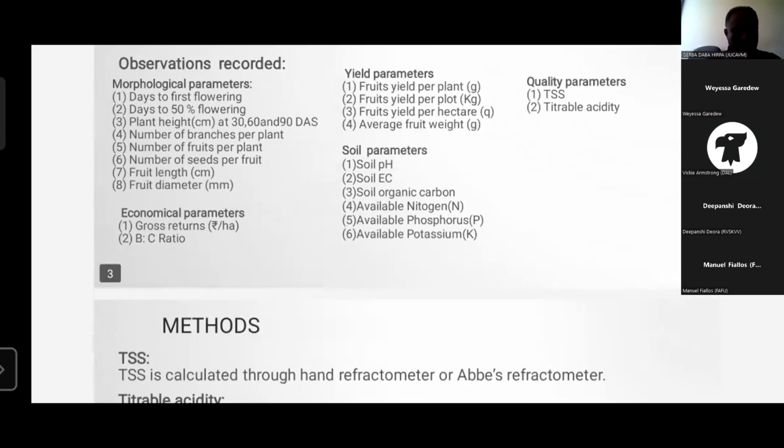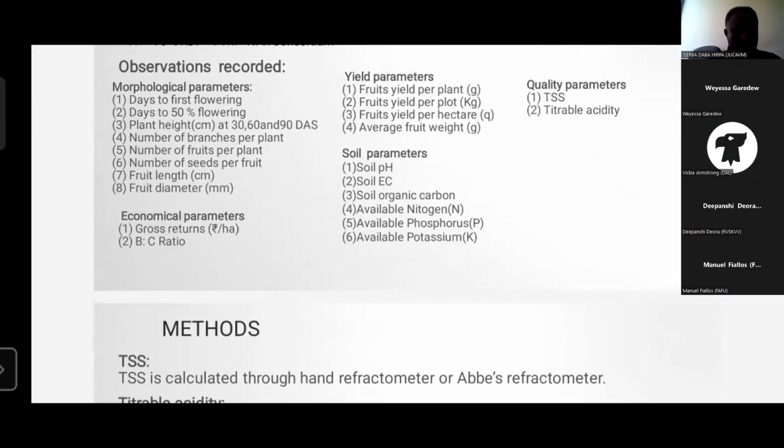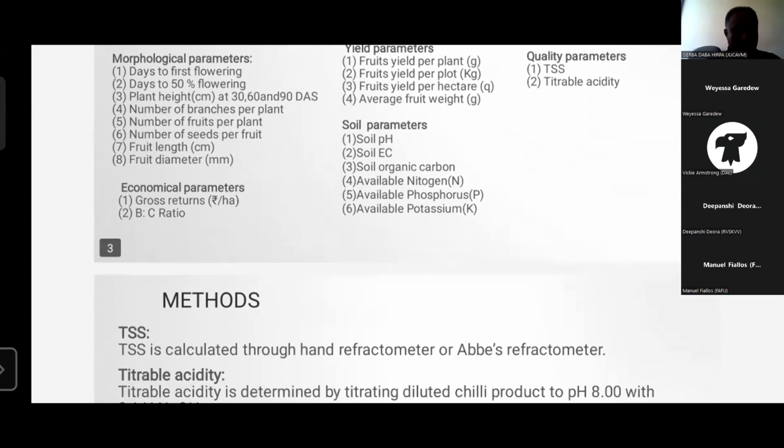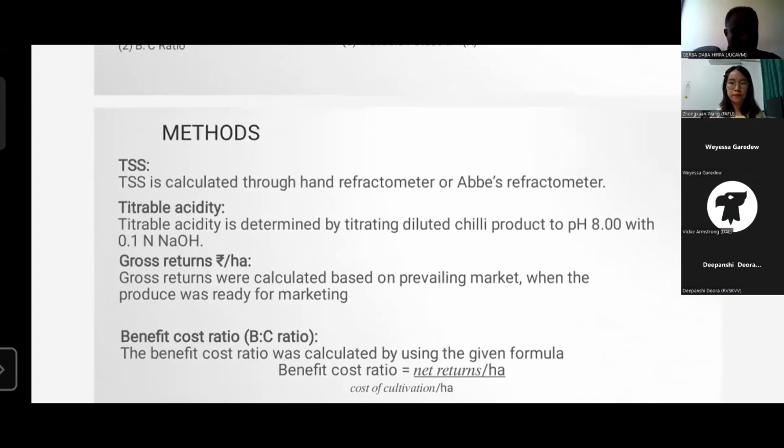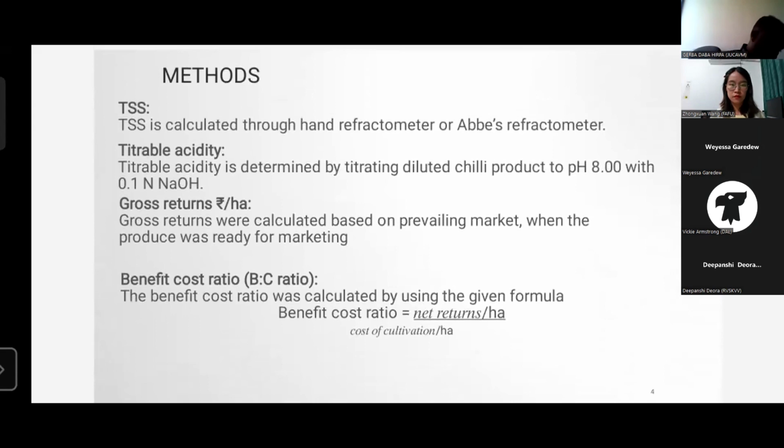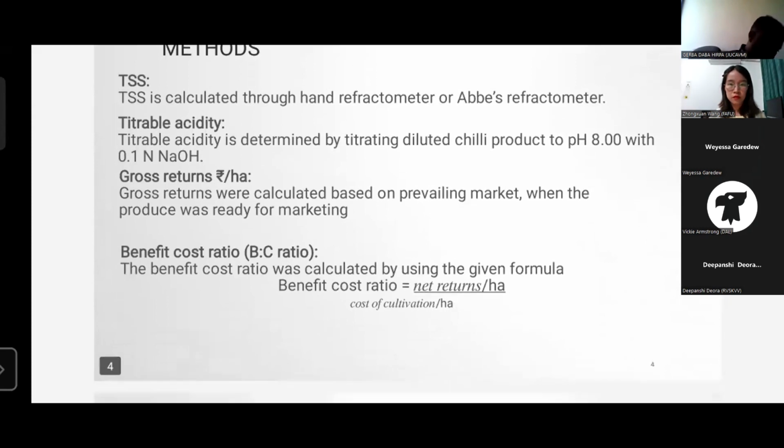For morphological parameters the method was only by observation, while for quality parameters, TSS is measured through a hand refractometer or Abbe refractometer, while titrable acidity is determined by titrating diluted tomato product to pH 8 with 0.1 N NaOH.